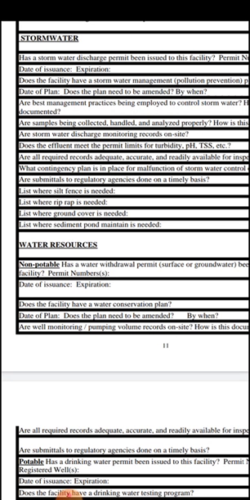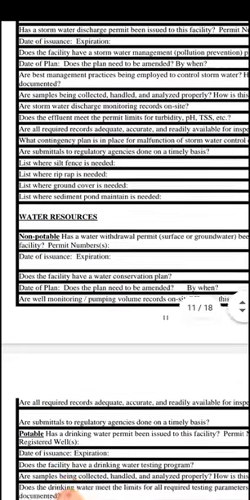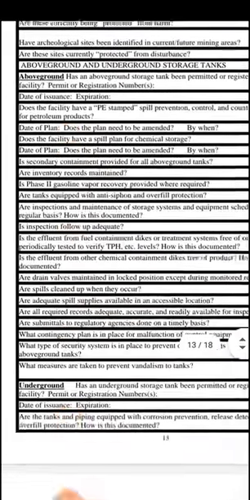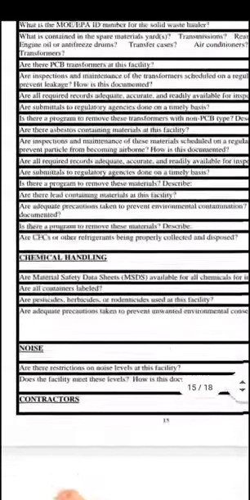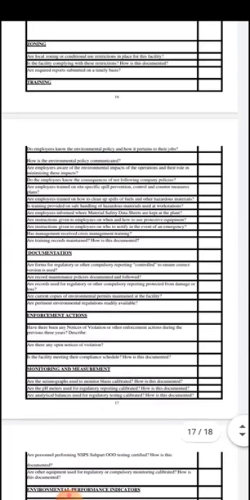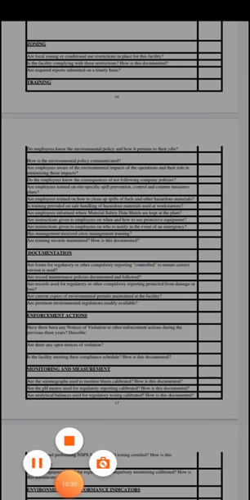If they are not, then some compliance is required. All the observations will be taken and then monitored. So this is the brief description of environmental audits. Thank you.